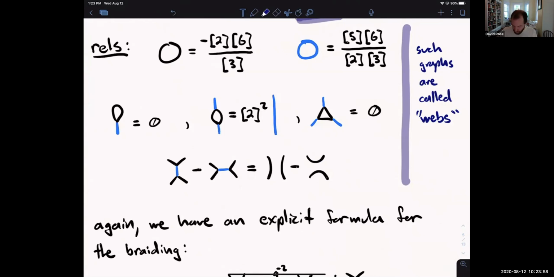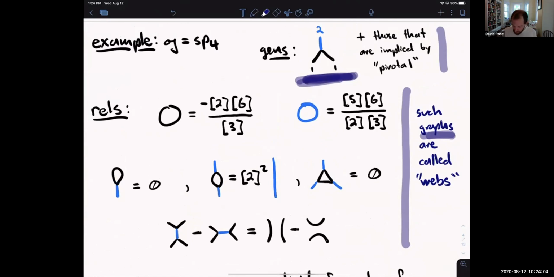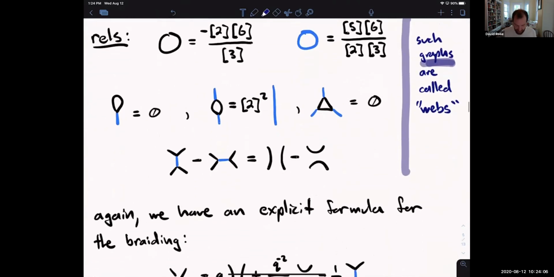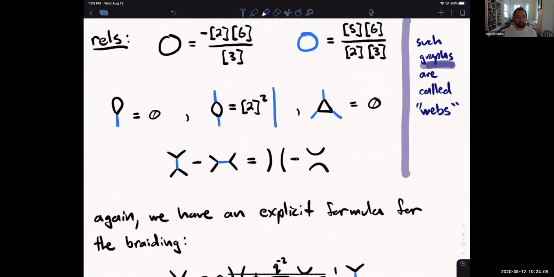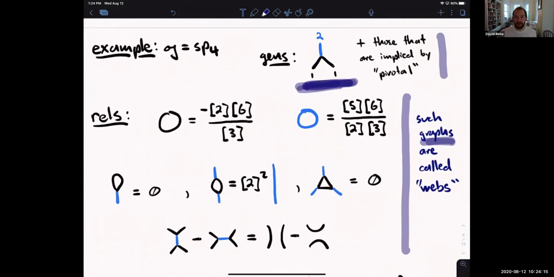Okay. And so these trivalent graphs that are built out of our generating pieces are called webs. Somehow they kind of look like spider webs. Okay, so again, very efficient presentation of this category. I can fit it on one iPad screen turned sideways.